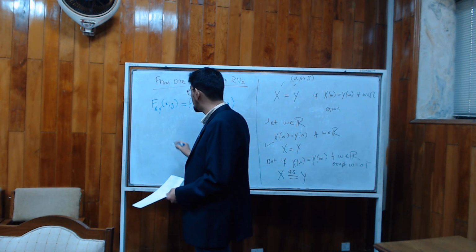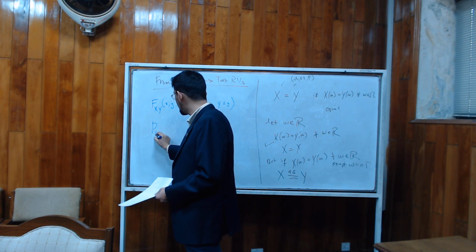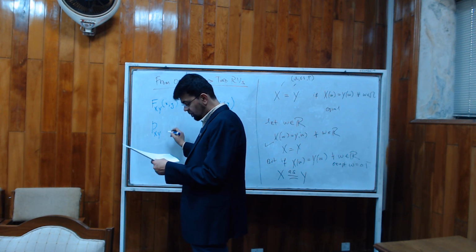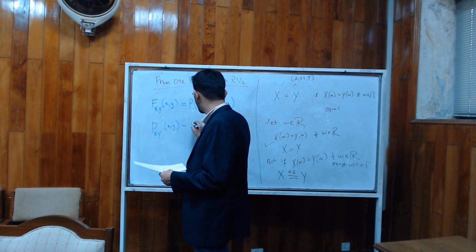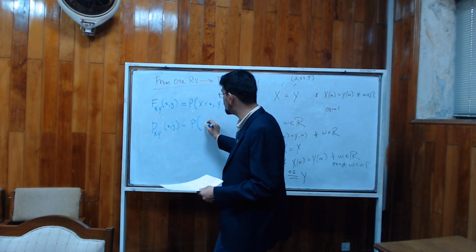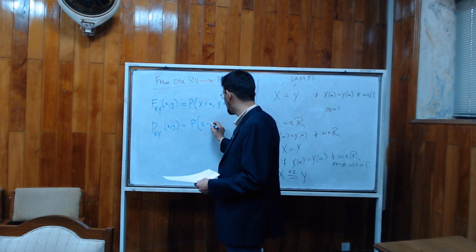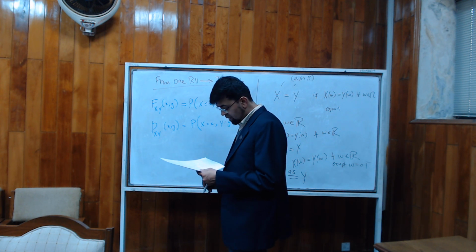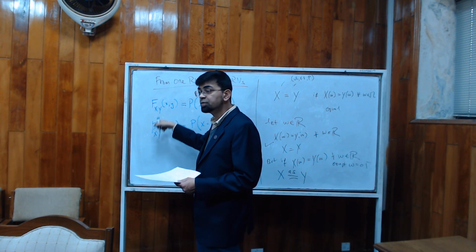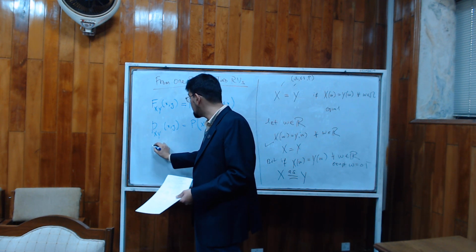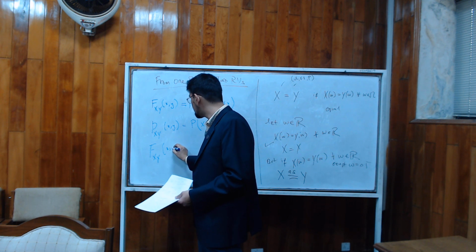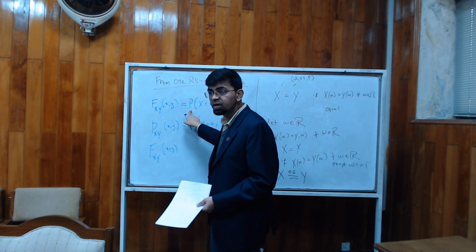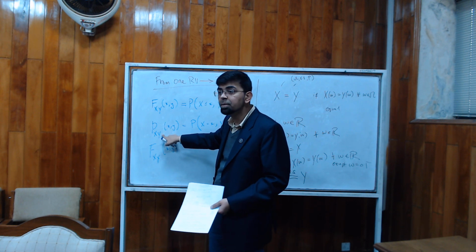So what could that be? p_XY(x, y) equals, of course, in terms of probability, X is equal to x and Y is equal to y. But then we try to relate them. So what is F_XY, not in terms of the probability, but in terms of the mass function?